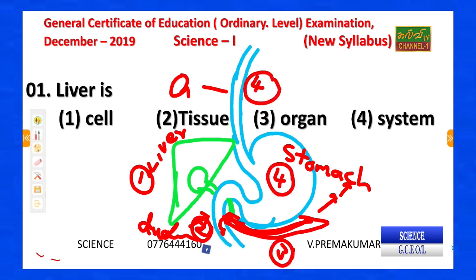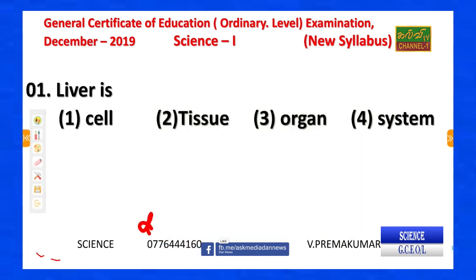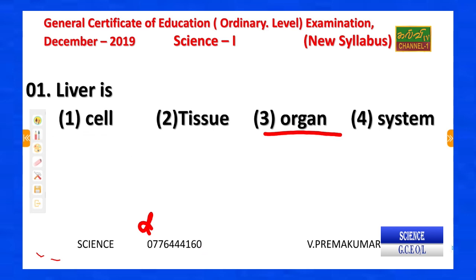There are so many organs found in the digestive system. Therefore, the answer: the liver is an organ. So the correct answer is that the liver is an organ. Right? We will go to the next question.